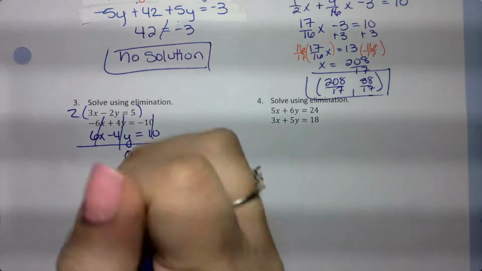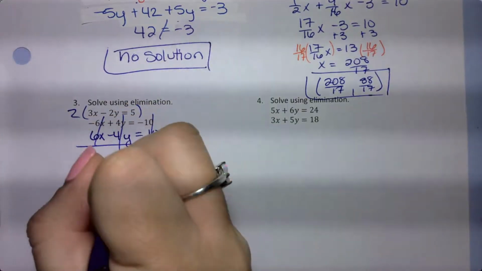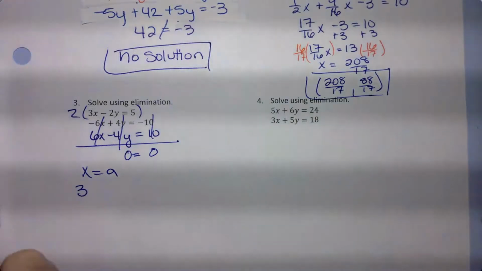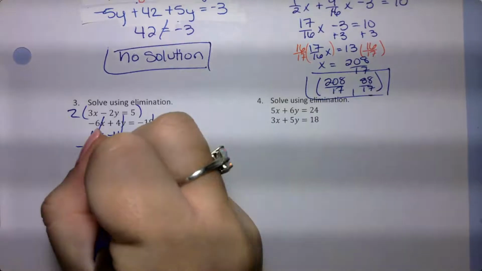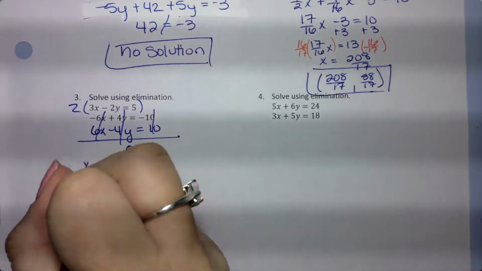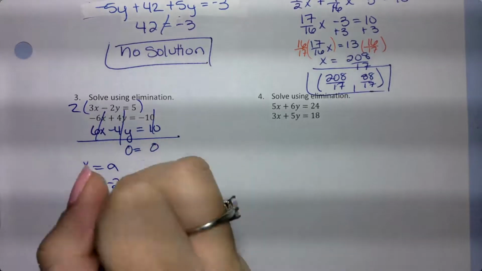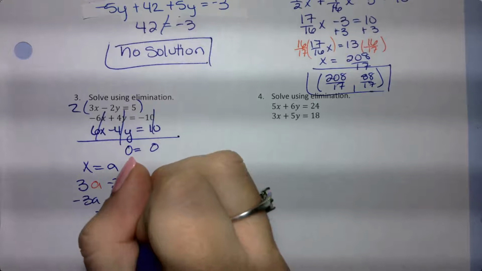I am going to make x equal a. So then I'm going to have 3 times a minus 2y equals 5. I want to move the a over. So I have negative 2y equals 5 minus 3a.